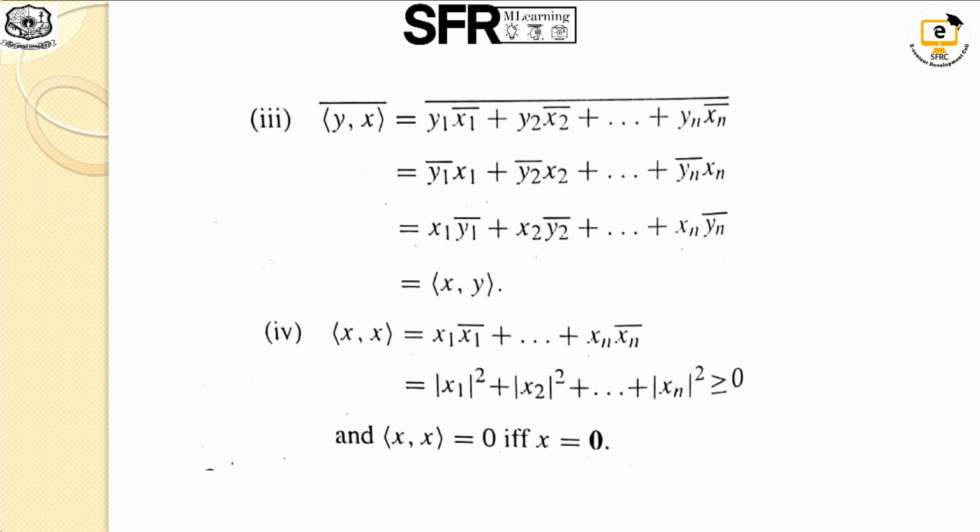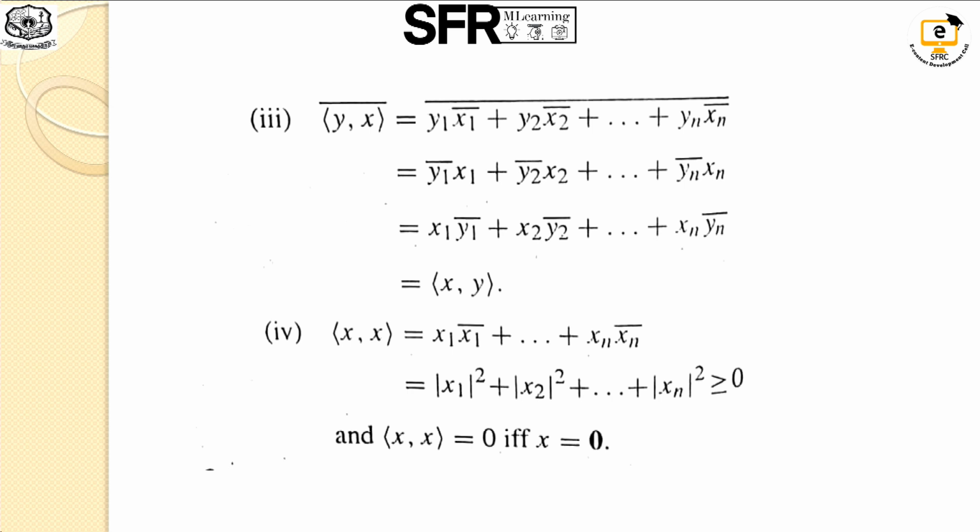Similarly, we prove the last axiom: the inner product of any vector with itself is greater than or equal to 0, because we know the complex property z times z bar is equal to mod z squared. Whenever we take the inner product of x and x, we get x1 x1 bar plus x2 x2 bar up to xn xn bar. Then x1 x1 bar is mod x1 squared, so it is a positive number. Whenever we add positive numbers, the result is also positive.